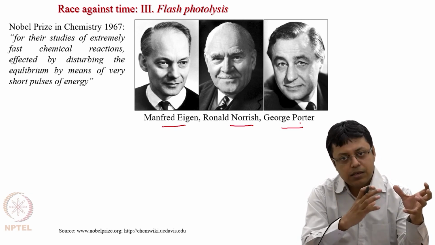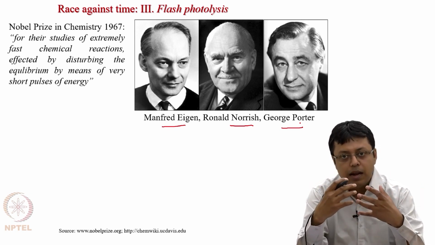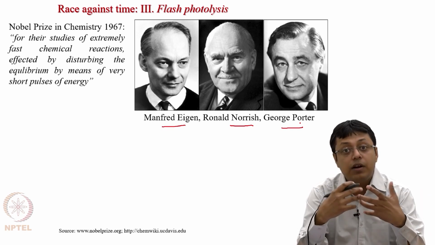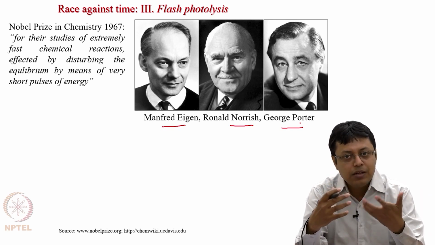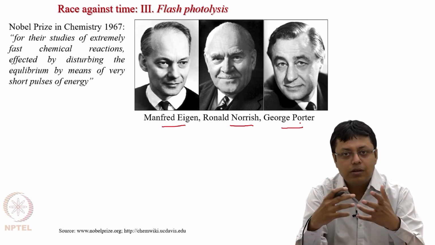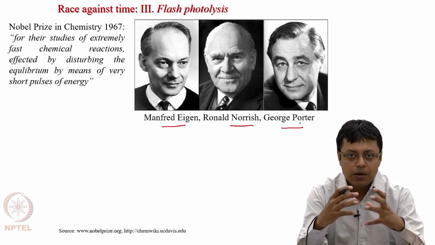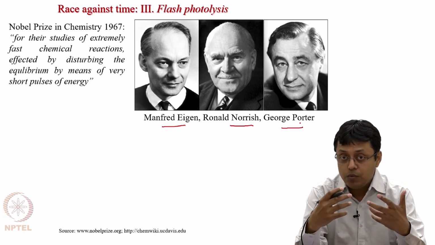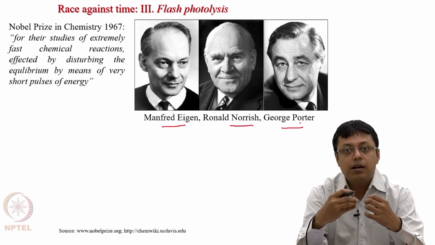Now, you can connect it to the earlier discussion of mixing. As I said, A and B are mixed together, and that mixing has to happen very quickly, because if the entire reaction happens during the course of mixing, then the stopped flow or the flow method doesn't work at all. So, their point was that you can study with this method what are known as photochemical reactions that are triggered by light.